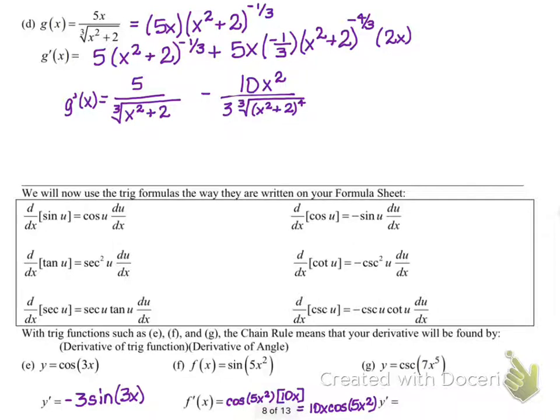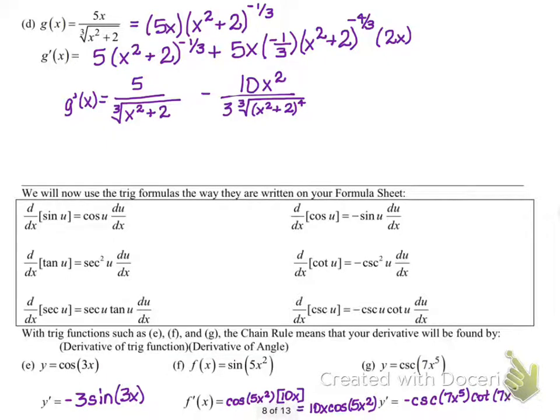And our last one, the derivative of cosecant is negative cosecant of the stuff times cotangent of the stuff.